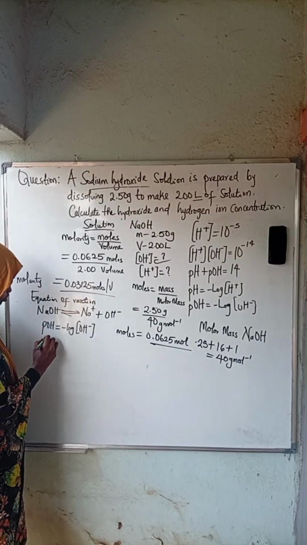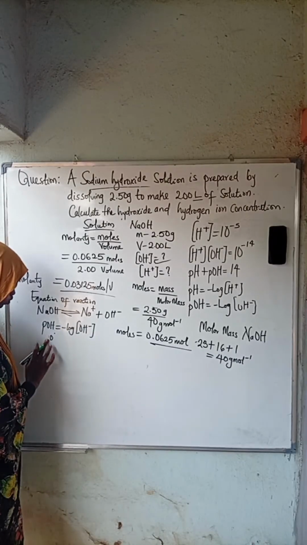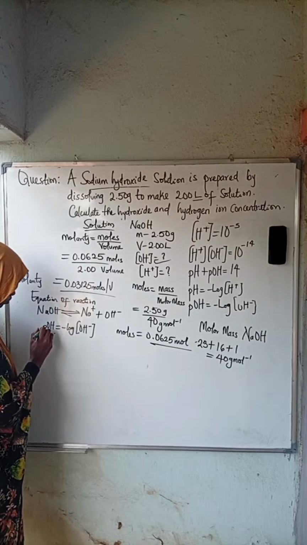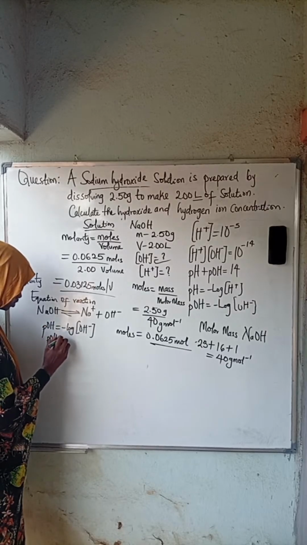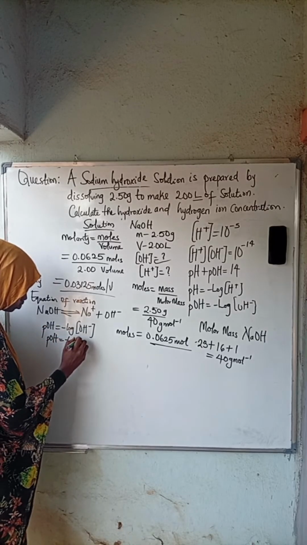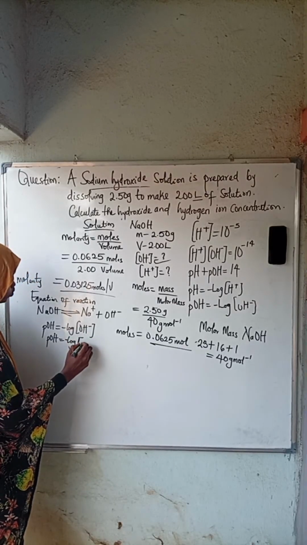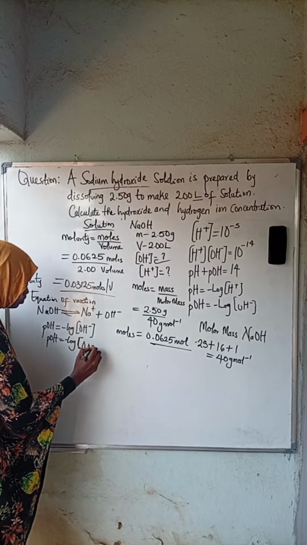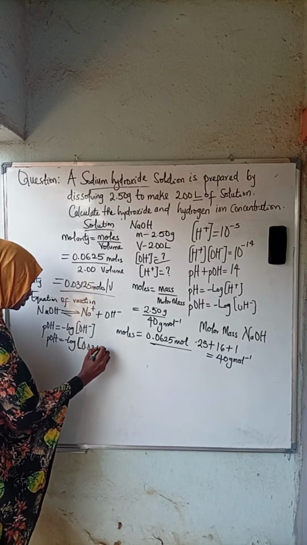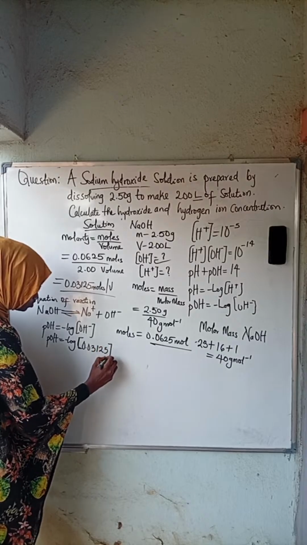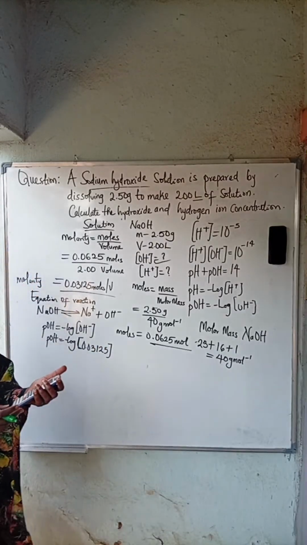So that means here we're going to have that the pOH is equal to the negative log. The concentration now is the molarity we have gotten, which is 0.03125. So we're going to punch our calculator to get this value.